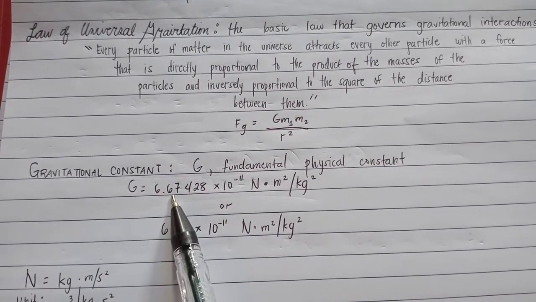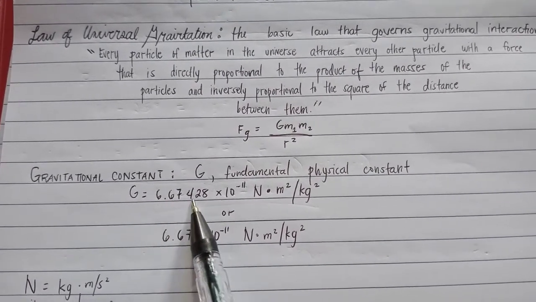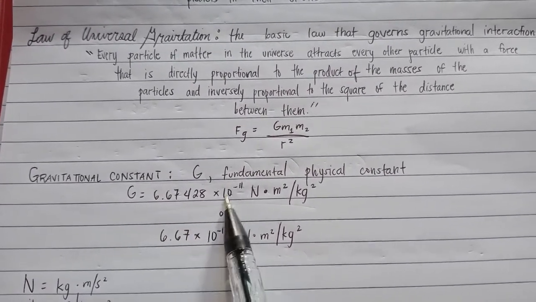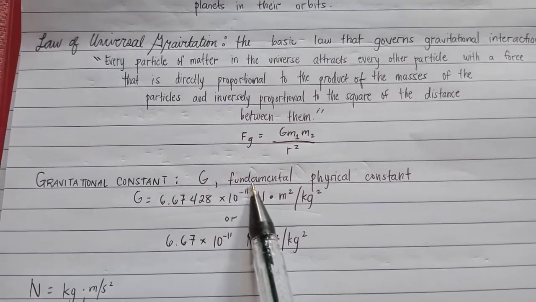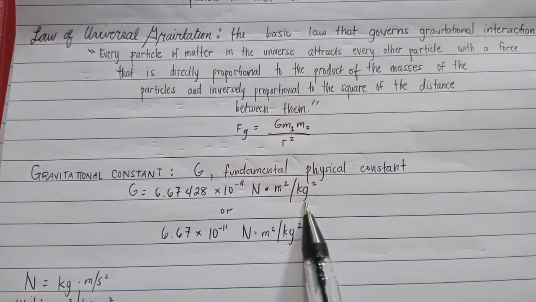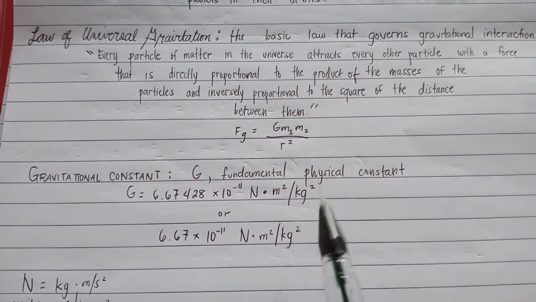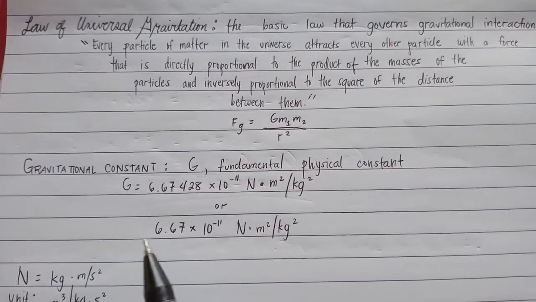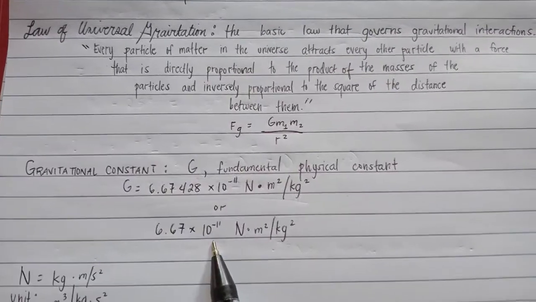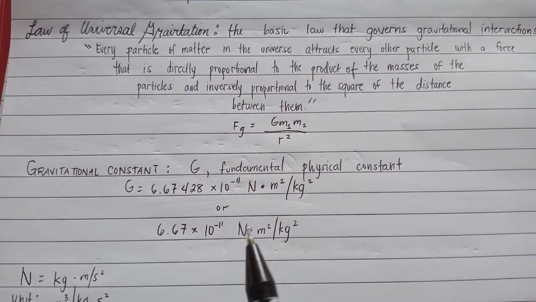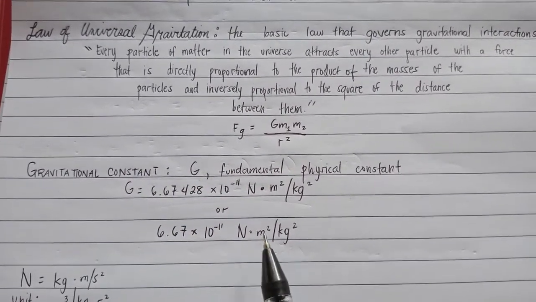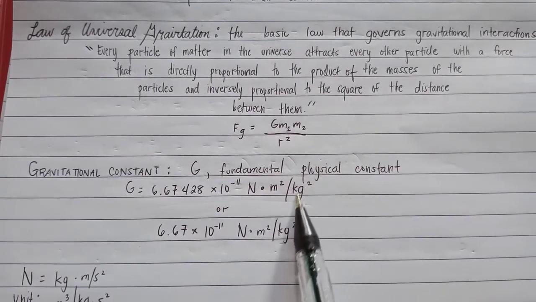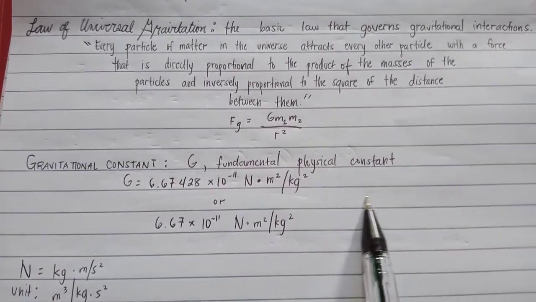It has a number value of 6.67428 times 10 raised to negative 11 Newton meter squared over kilogram squared, or rounded off, 6.67 times 10 raised to negative 11 Newton times meter squared over kilogram squared.